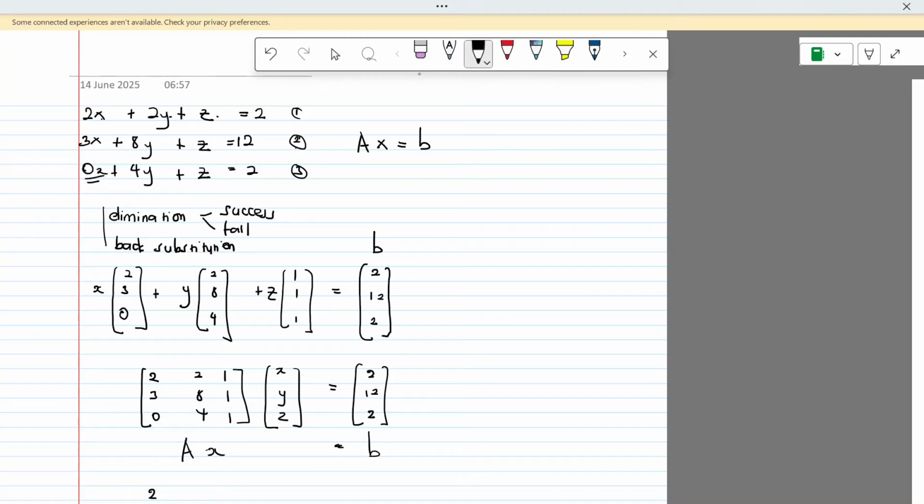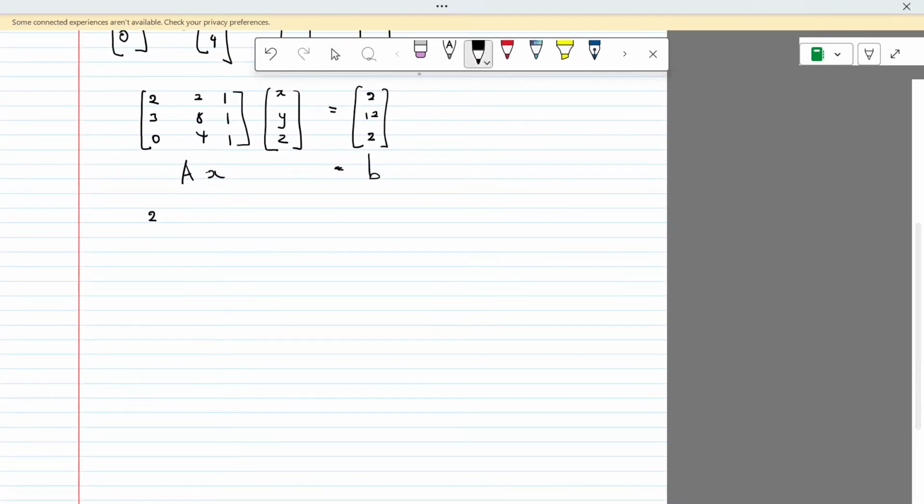I don't think this is correct, but just to have it complete, let's have 0x there. We have our three equations. I'm going to write them this way, leaving out the x, y, and z: 2, 2, 1, 3, 0, 8, 4, 1, 1.